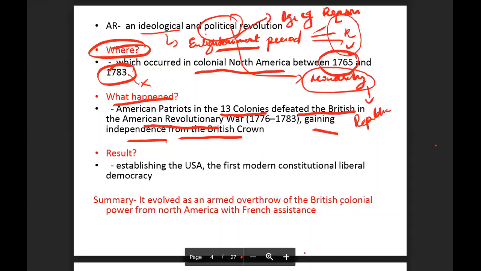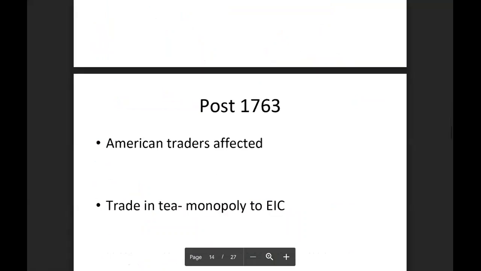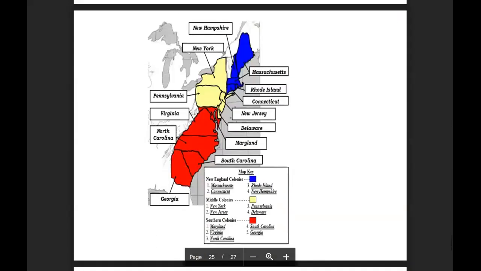What is happening? American patriots, that means American natives in the 13 colonies. You will be familiar with the 13 colonies, or 13 states, that came together initially. I have a map of the 13 colonies, I'll show you. These are the 13 colonies, towards the east of America, east of the US currently.